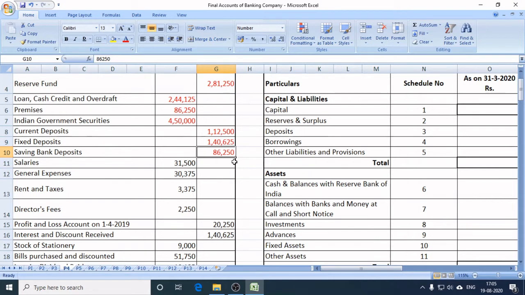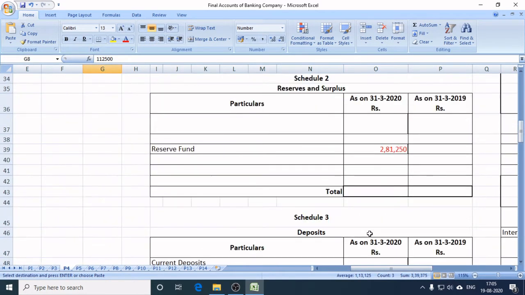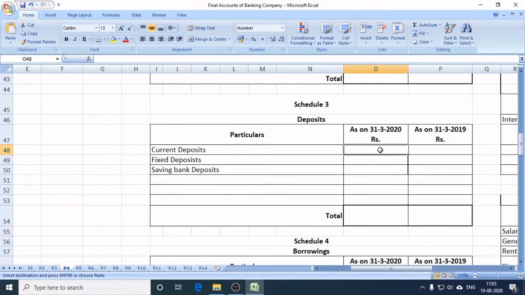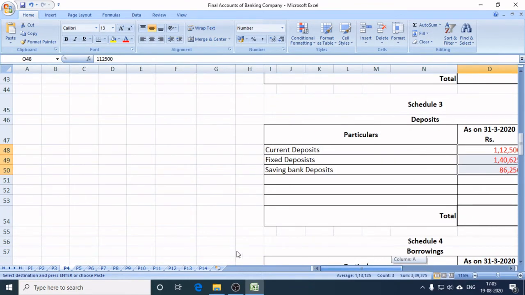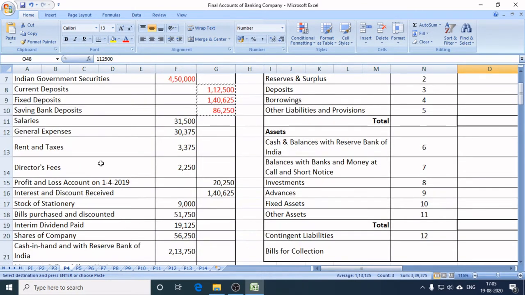Being a credit balance, the liability of a bank, and out of these 5 schedules, we should show it under schedule number 3, that is deposits. So I'll show it under schedule number 3, deposits here only.